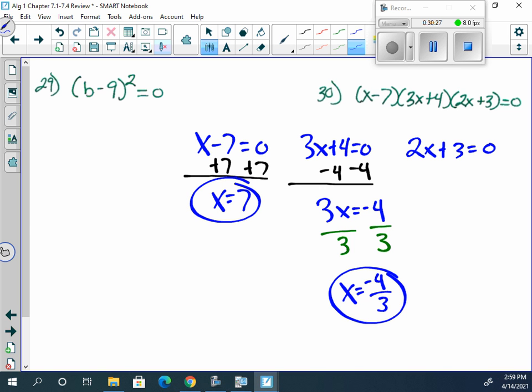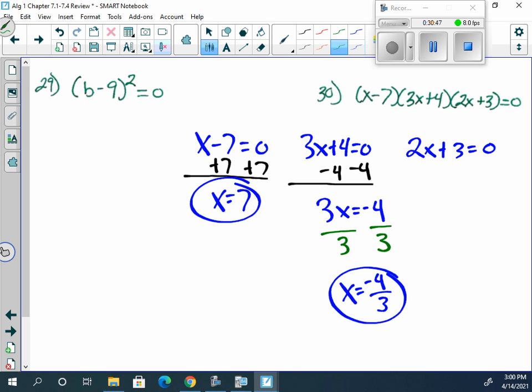Now here, 4 does not divide into 3 evenly, so I'll leave it there. You don't have to write it as a decimal because that'd be a little difficult. It'd be negative 1.3 repeated. So we can leave it as this here.